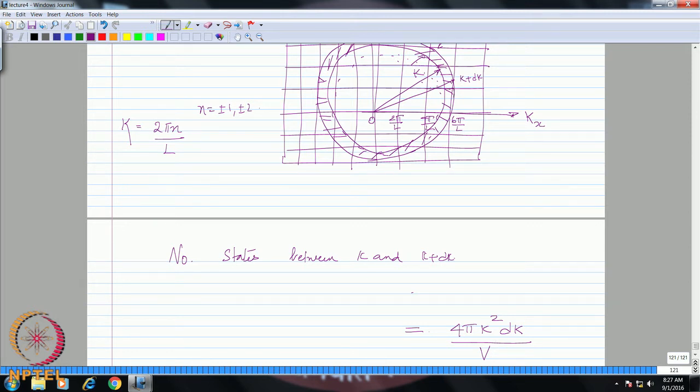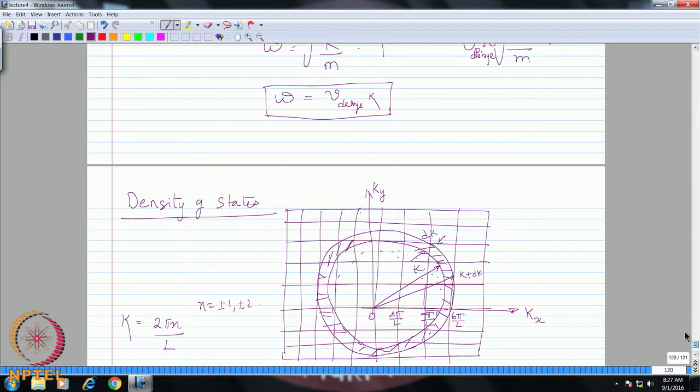This is your grid. So, what is the volume of this particular grid? This volume will be 2 pi by L whole cube.